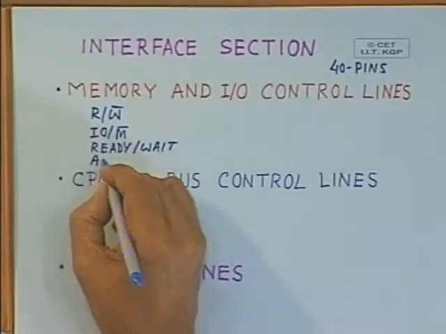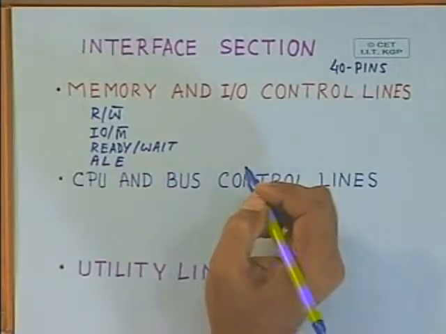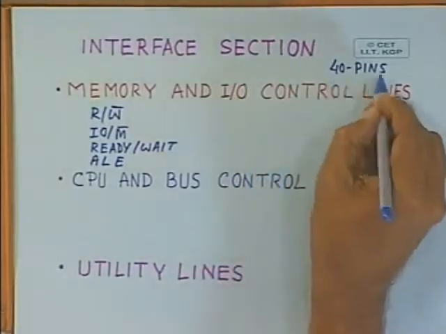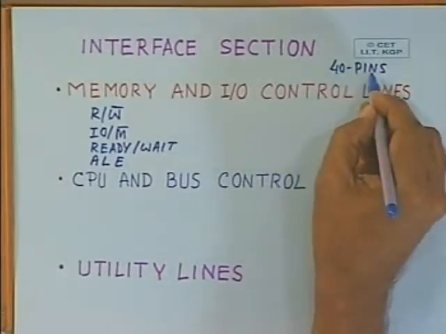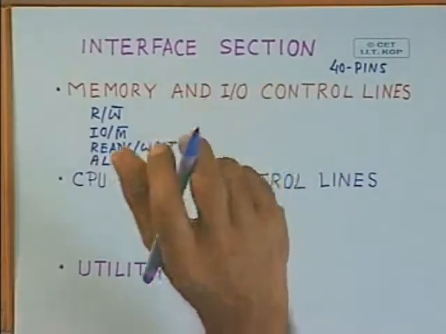Then another pin is provided, that is address latch enable, ALE. You will see that to optimally use the number of pins provided by the microprocessor, sometimes same lines are used for dual purpose, for address as well as data. So it has to be conveyed to the outside world again that at that instant whether those lines are having address value or data value.